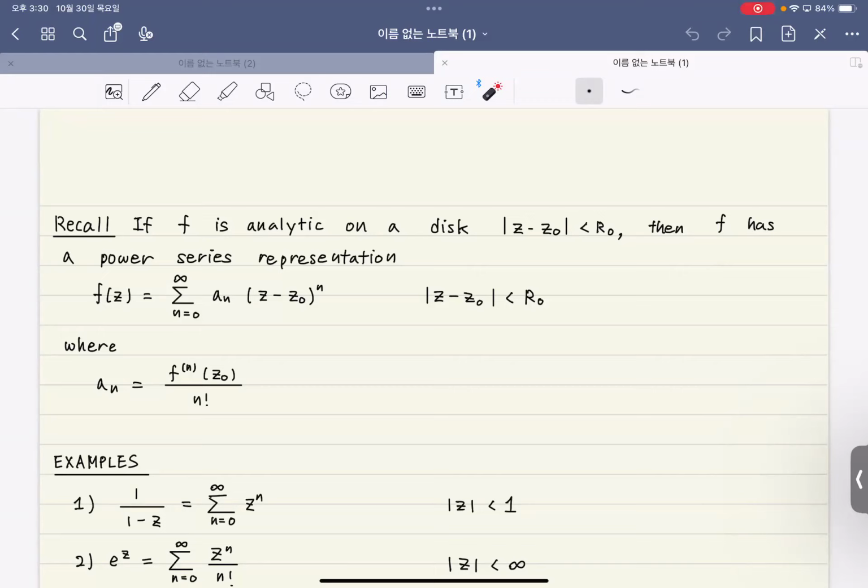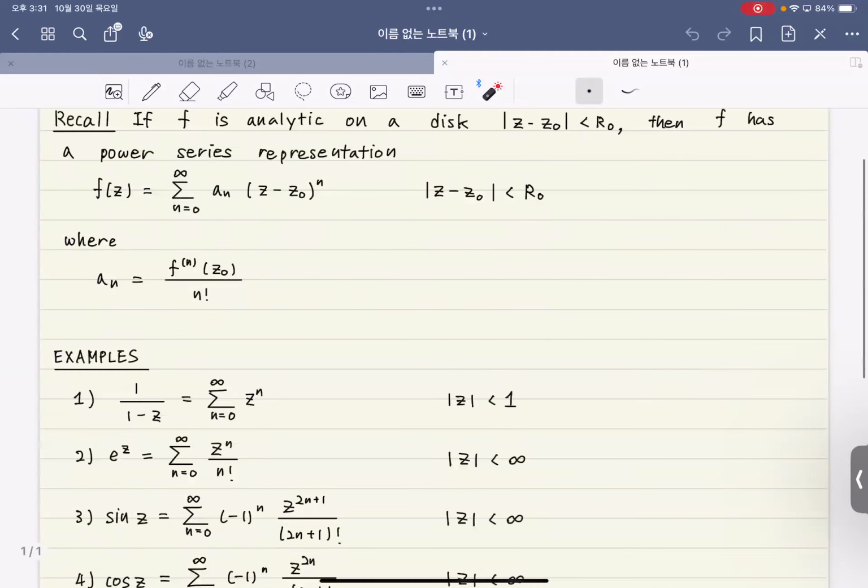If your function is analytic on some disk centered at point z0 with radius r0, then you have a power series representation that looks like this, whose radius of convergence is r0, and the coefficient there is the nth derivative of f evaluated at z0 divided by n factorial, which has precisely the same expression as in Calculus 101.